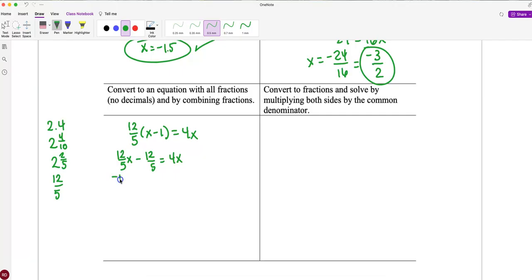So I'm going to subtract 12/5 x from both sides. So 4 minus 12/5. Common denominator is 5. So 4 times 5, 20 over 5 minus 12 over 5 is going to give me 8 over 5. So 8 over 5 x.